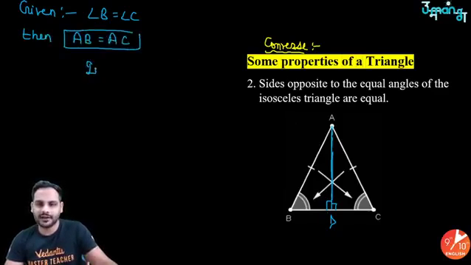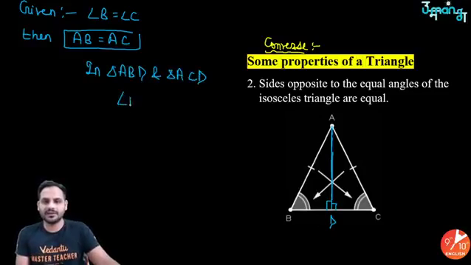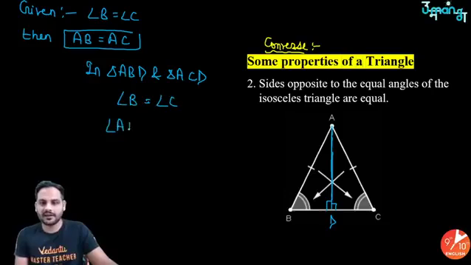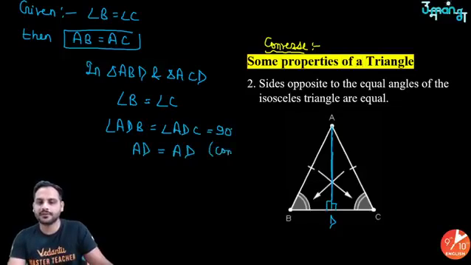In triangle ABD and triangle ACD, first, angle B is equal to angle C. Then angle ADB is equal to angle ADC, and lastly AD is equal to AD because it is the common side. Correct? Because these two were 90 degrees and this is the common side. Right? So this criteria is the AAS criteria, the angle angle side rule.